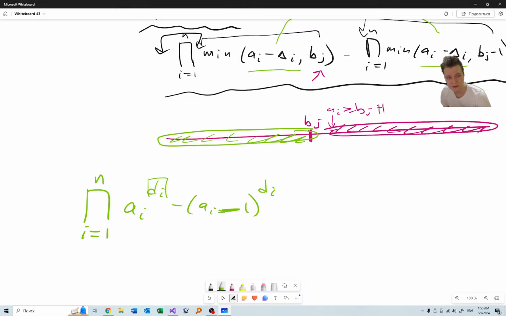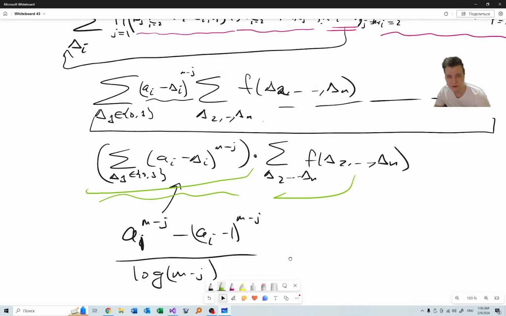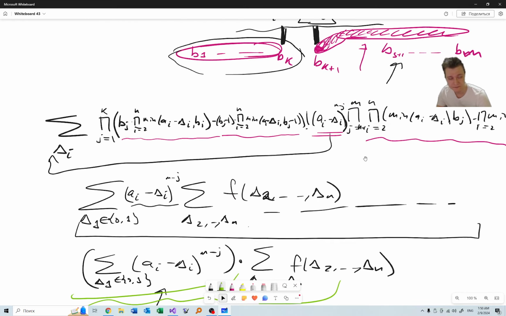What is di? di is simply the number of bj's such that ai is at most bj. And this can be calculated with two pointers. Fine. But then we have the product of the residual thing. What is the residual thing?